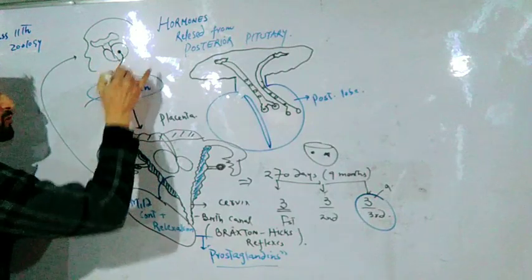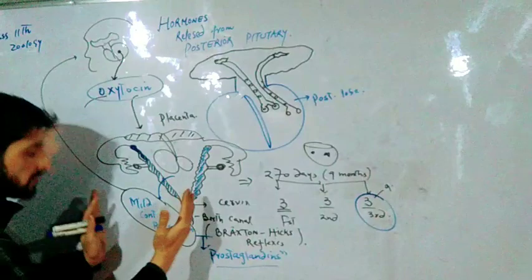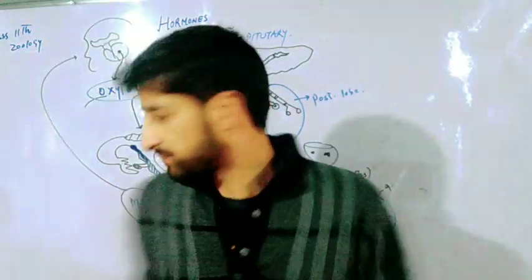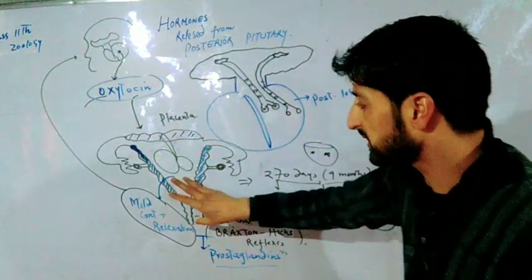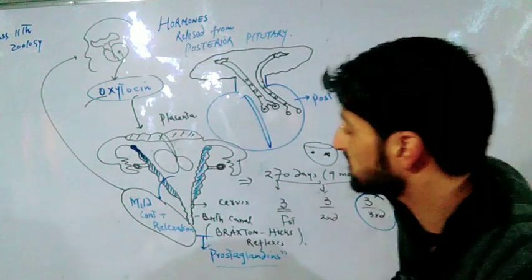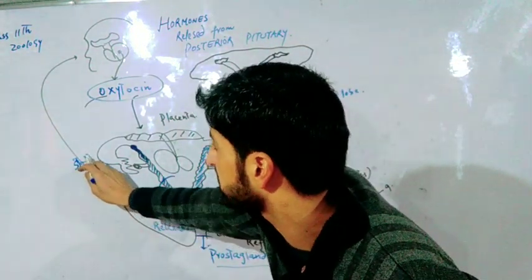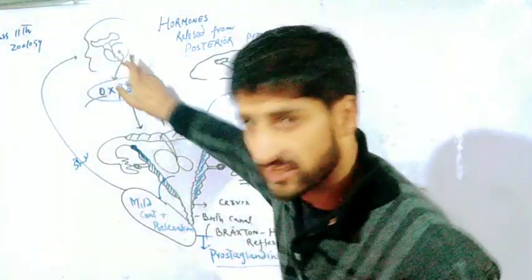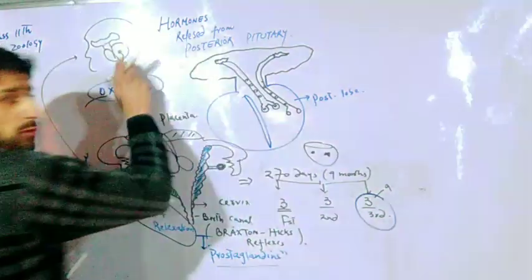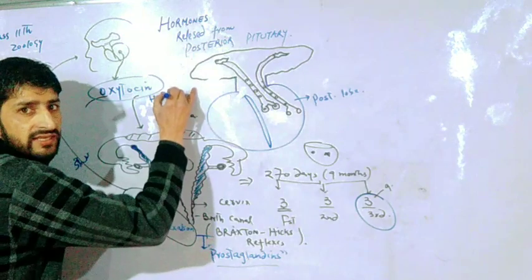That special hormone is called oxytocin. Due to these mild contractions and relaxations in the uterus of pregnant mothers, the posterior lobe of the pituitary gland of the mother is stimulated, and from this posterior lobe of the pituitary gland, the oxytocin hormone is released.